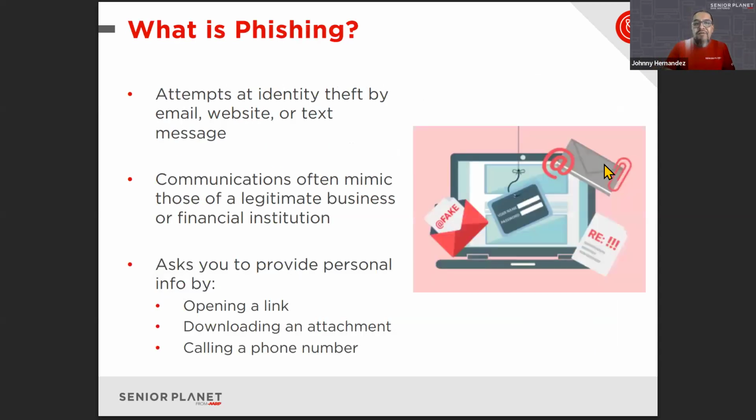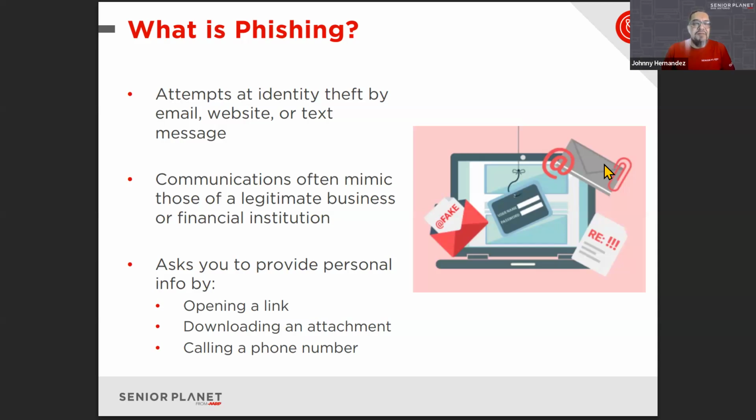Now there's also another form of communication called phishing, and this is actually an attempt at identity theft by email, website, or text message. Sometimes phone calls as well. This is an attempt to steal your identity through these different kinds of communications that often mimic legitimate businesses or financial institutions.